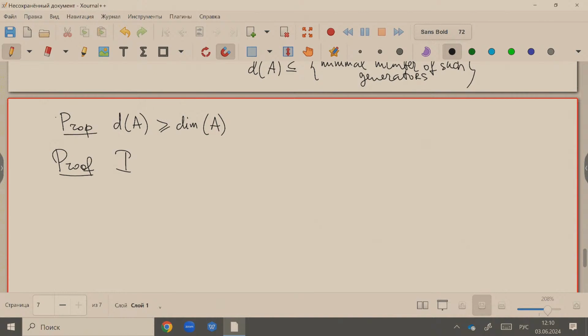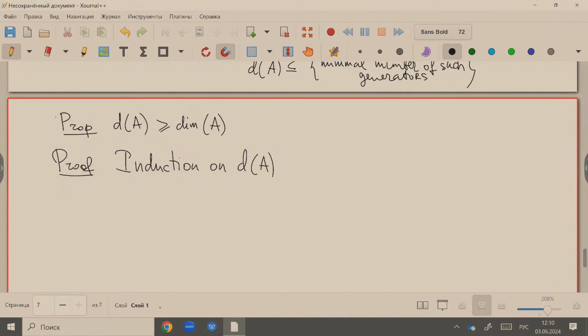Вот, соответственно, the proof is the induction on d, то есть по степени многочлена.